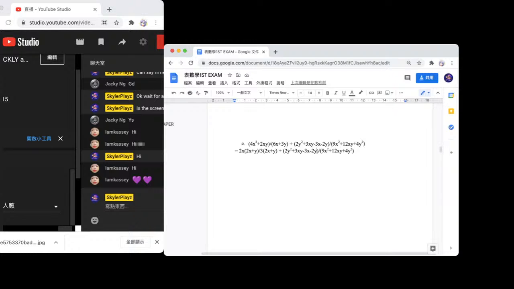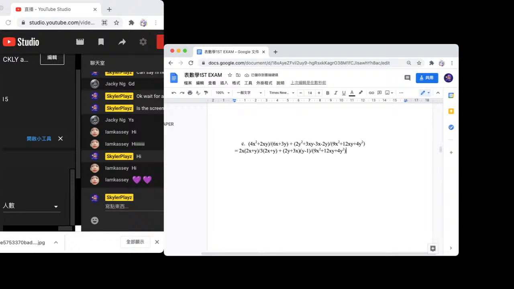And the second part, factor out 3x, also y minus 1. So we can get 2y plus 3x, y minus 1 here.